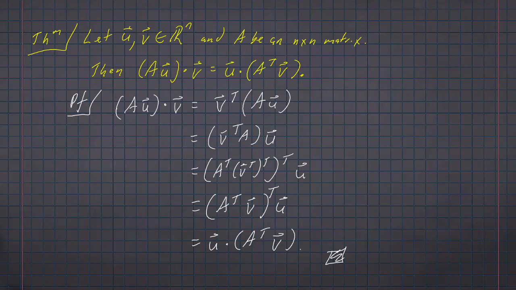Nothing too outlandish here in our discussion of the matrix transpose, but a couple of properties that are going to be very useful to us in the next couple of lessons.